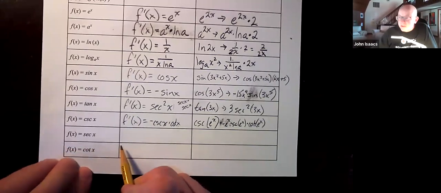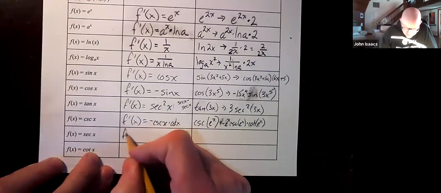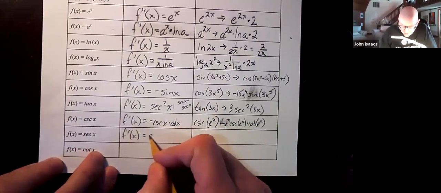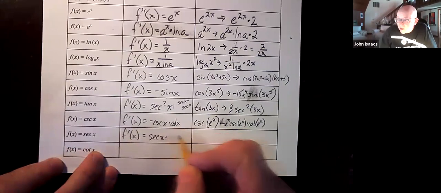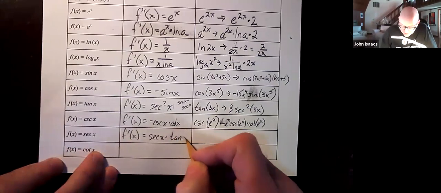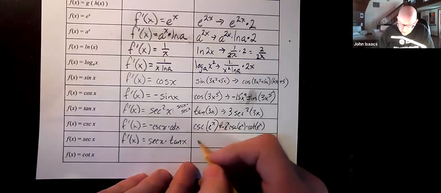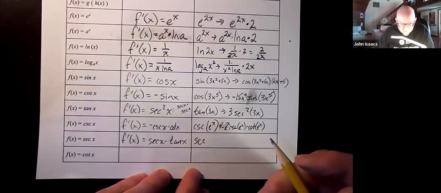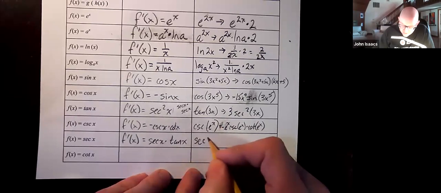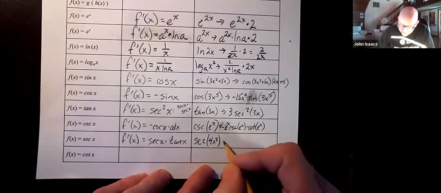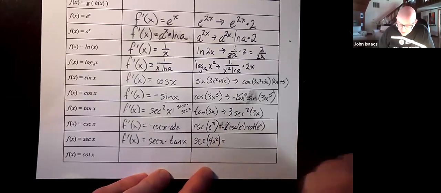All right, the derivative of secant. Secant x becomes secant x times tangent x. It works the same way as this. Let's say our function is secant of 4x squared.